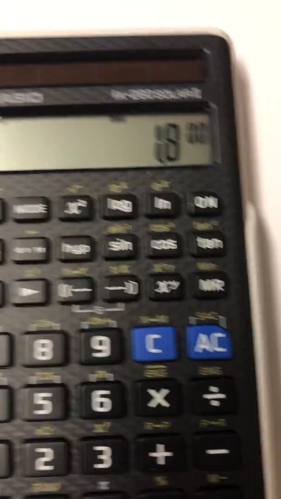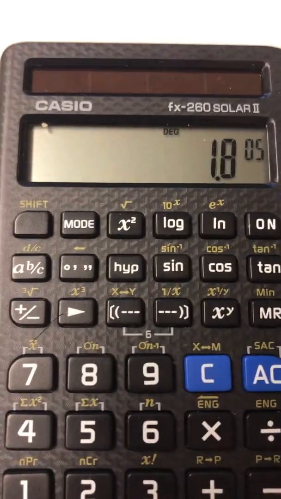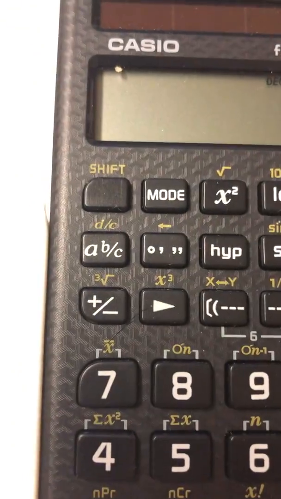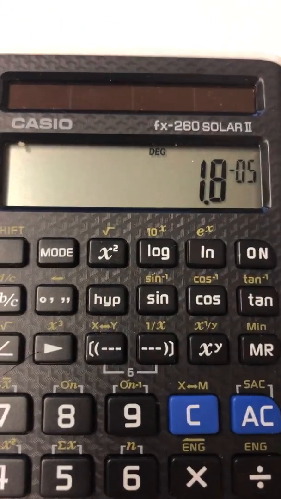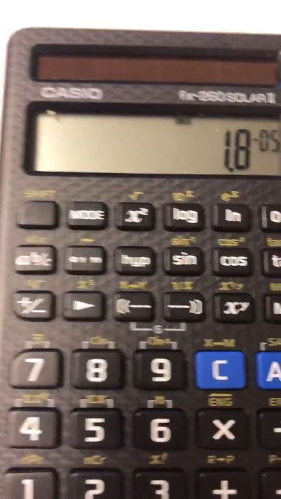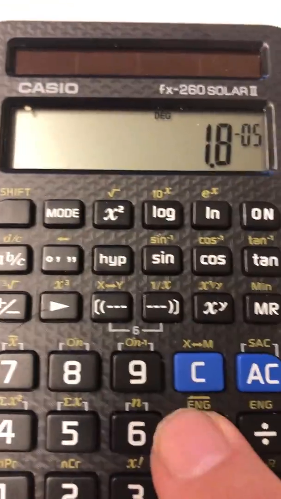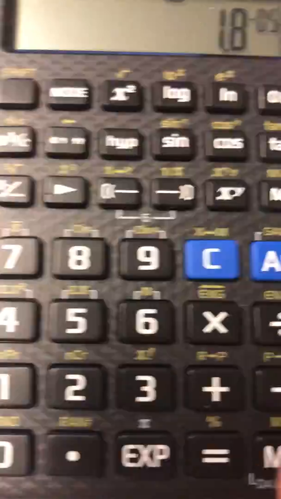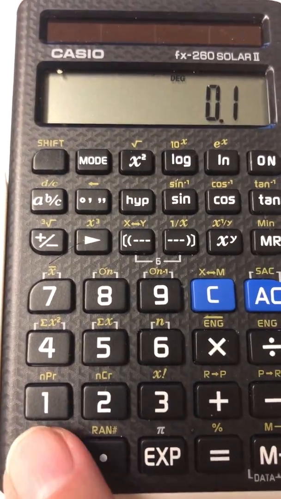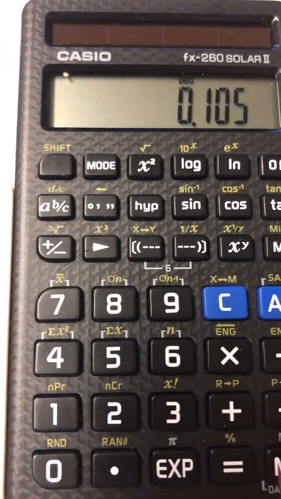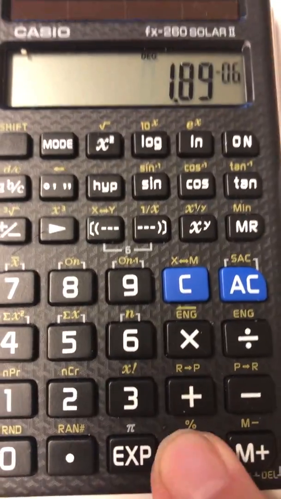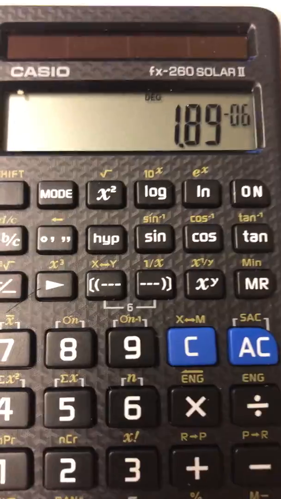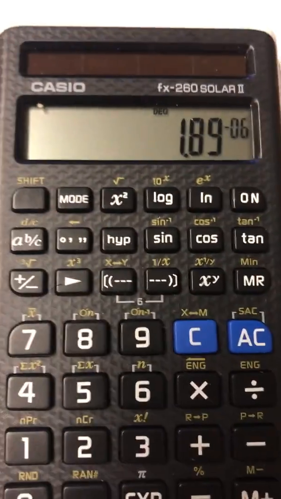You first push the 5 button, then push this plus-minus button to give you 1.8 times 10 to the negative fifth power. Now multiply this value by 0.105. Then you need to push the enter button. So far you get the value inside the square root.